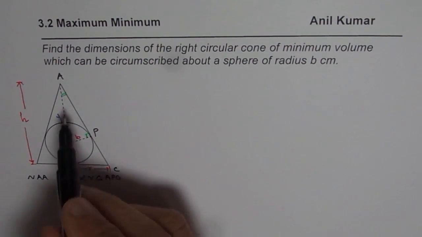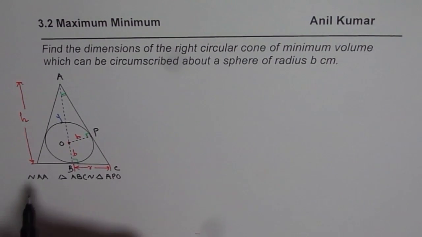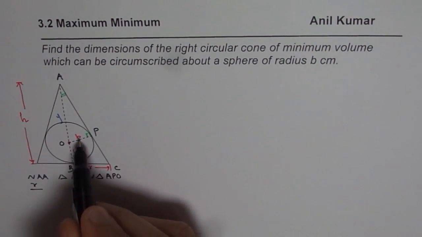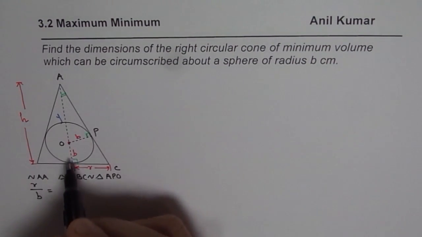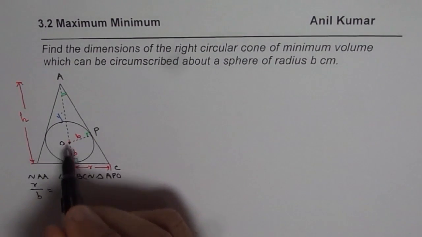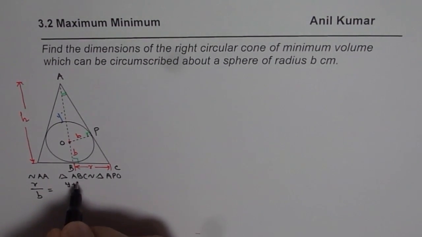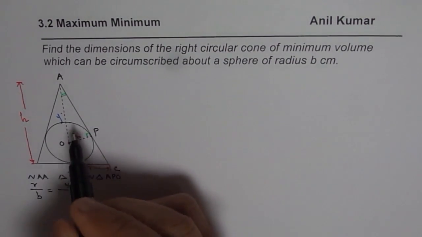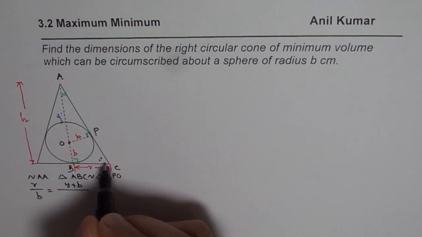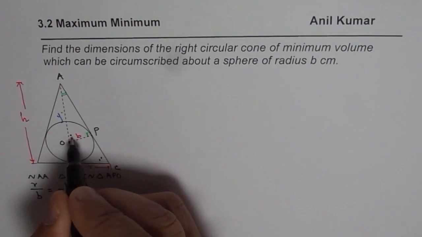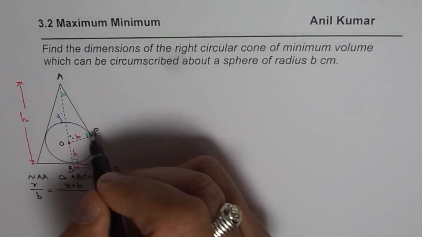So the side opposite to angle A for the big triangle is R, so we can say R divided by, in the small triangle it is b, equals, this side AB is y plus b, right? So y plus b divided by, in the small triangle, the side opposite to that angle is AP.